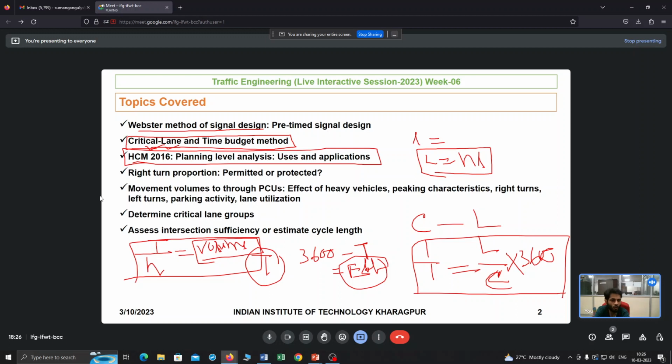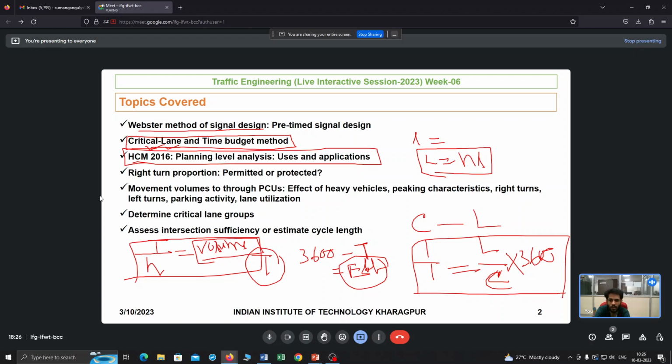So the average may be okay, but that 15 minutes will fail, right? Obviously in those peak 15 minutes your vehicles will not pass through that signal smoothly, right? So obviously you need to adjust your volumes in order to improve the green time.